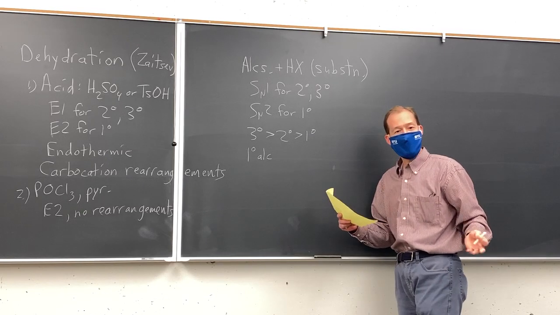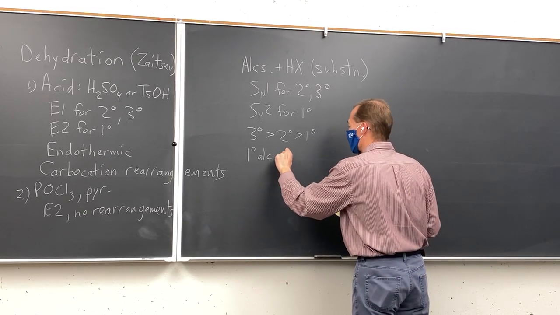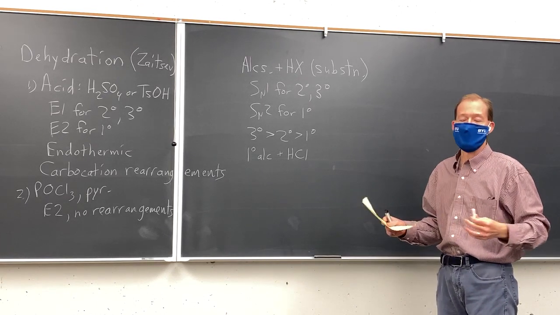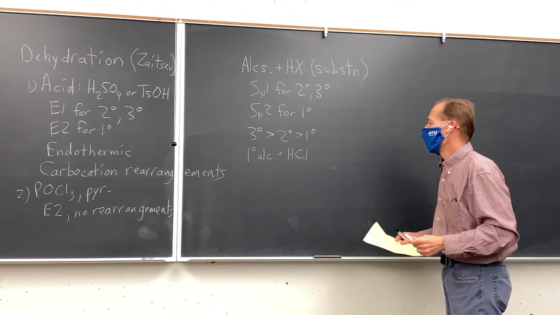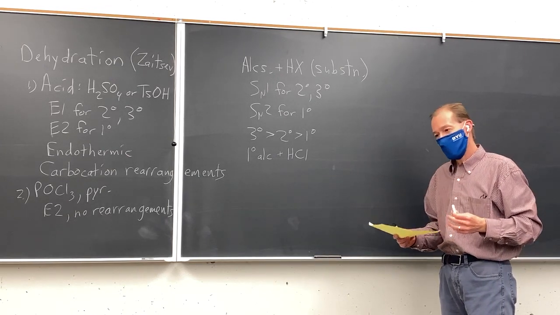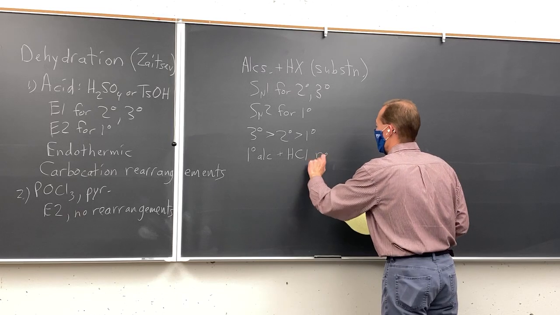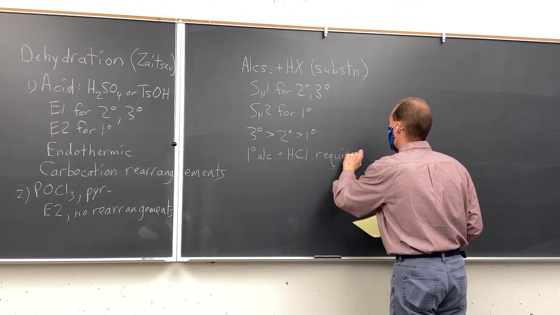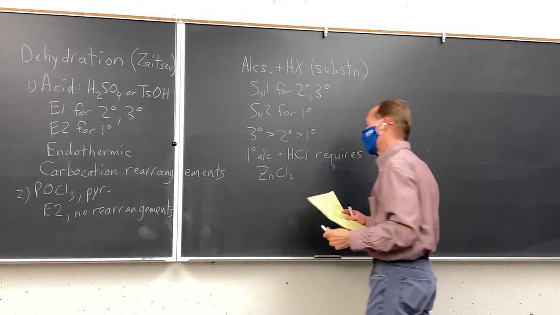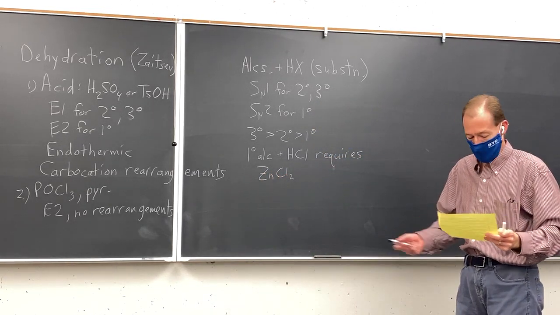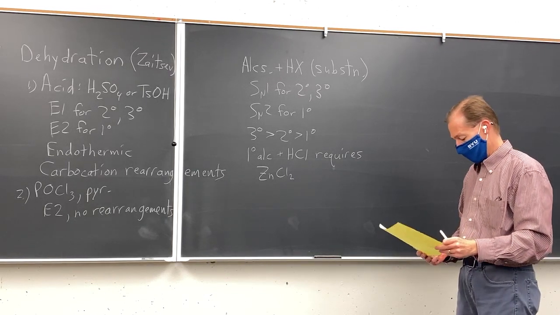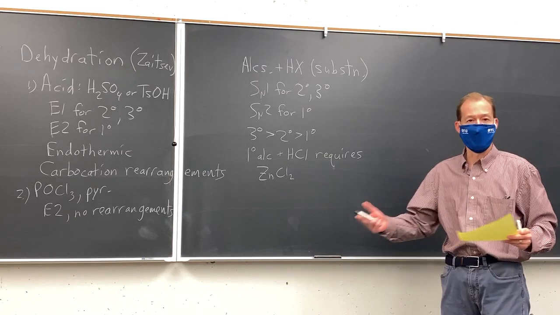The slowest type of alcohol, the primary alcohol, and the weakest of our strong HX acids, remember HF doesn't participate, but when you have that combination, the weakest acid that is reactive and the slowest alcohol, you have to use a Lewis acid, which makes the alcohol an even better leaving group than the protonation does, and zinc chloride is the Lewis acid that we use in this particular reaction.